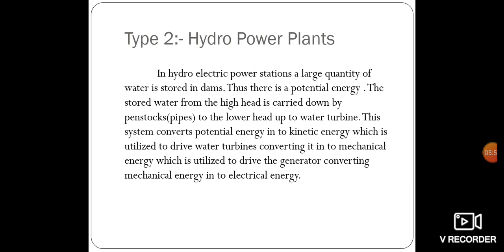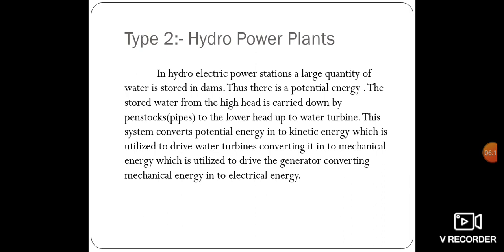This system converts potential energy into kinetic energy. Because of the penstocks or pipes, the head of the water is converted from potential energy to kinetic energy, which is utilized to drive the water turbines, converting it into mechanical energy.